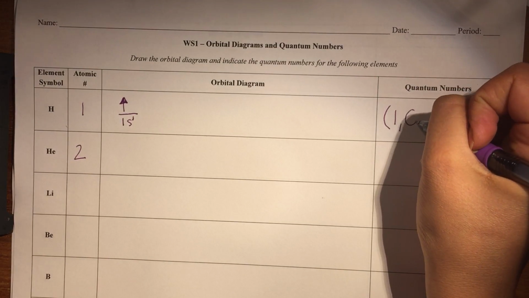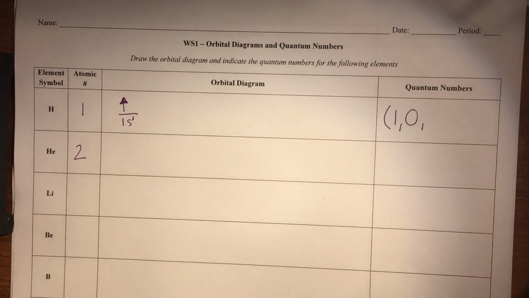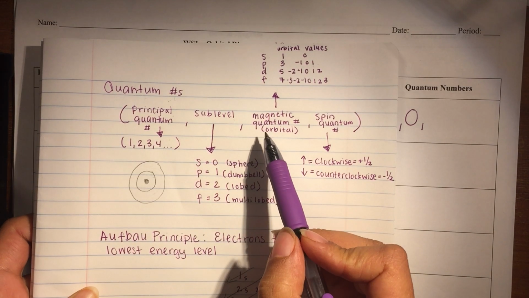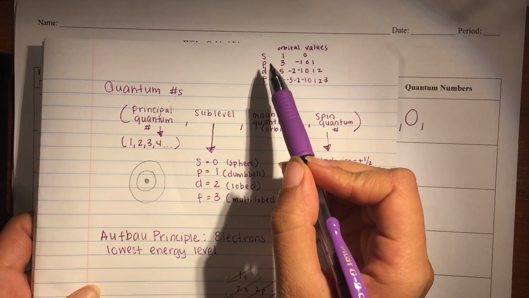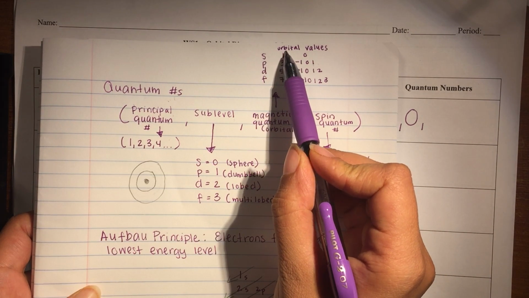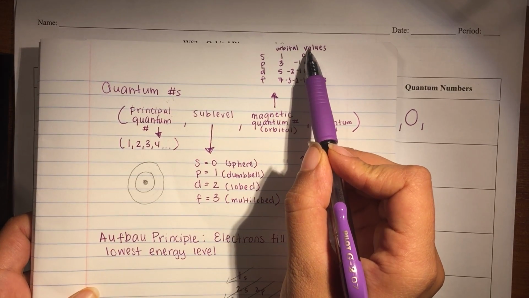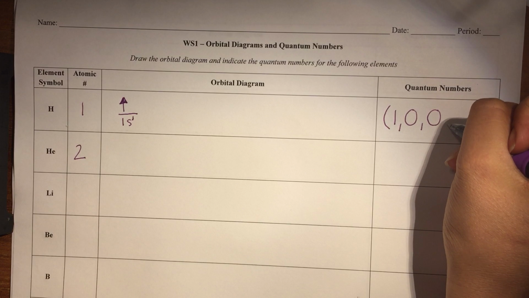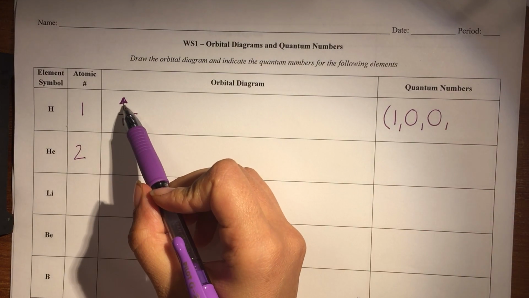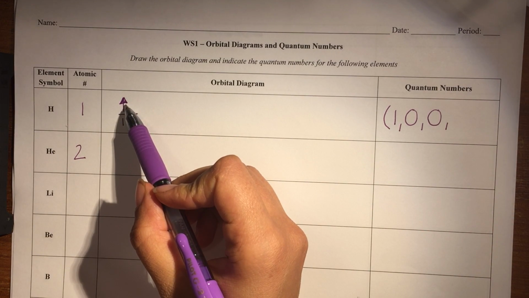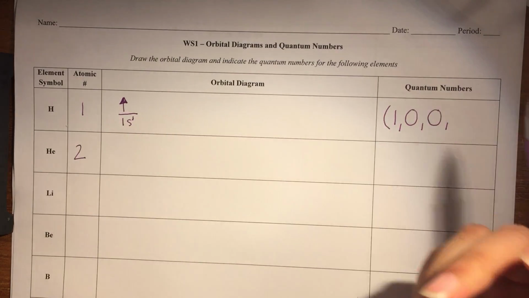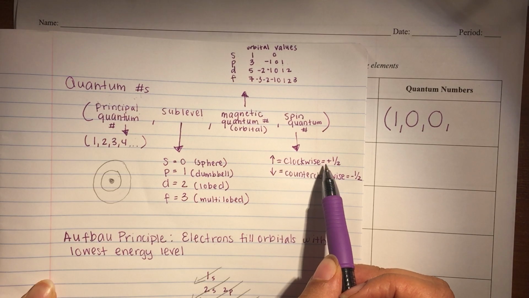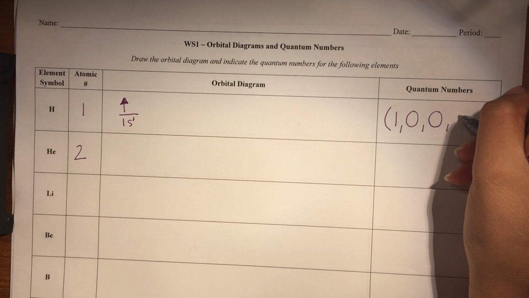So I would put 0. Our third quantum number is our magnetic quantum number. So for S, there's only one orbital and the value, or the quantum number, is 0. So 0. Then our last quantum number depends upon the spin of the arrow. So the arrow is spinning upward here. So an upward spinning arrow is a clockwise arrow, and that is a positive 1/2.